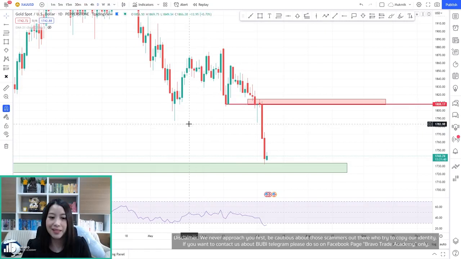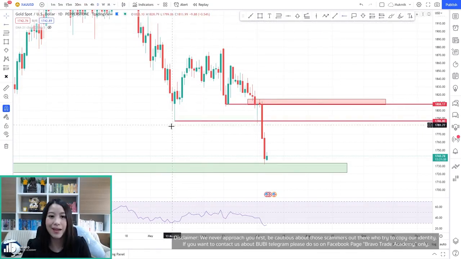Another resistance, of course, is this one, because it used to be the support. Once the gold can't persist over the supports, it will turn itself into resistance. So that's another point where we could consider selling gold.